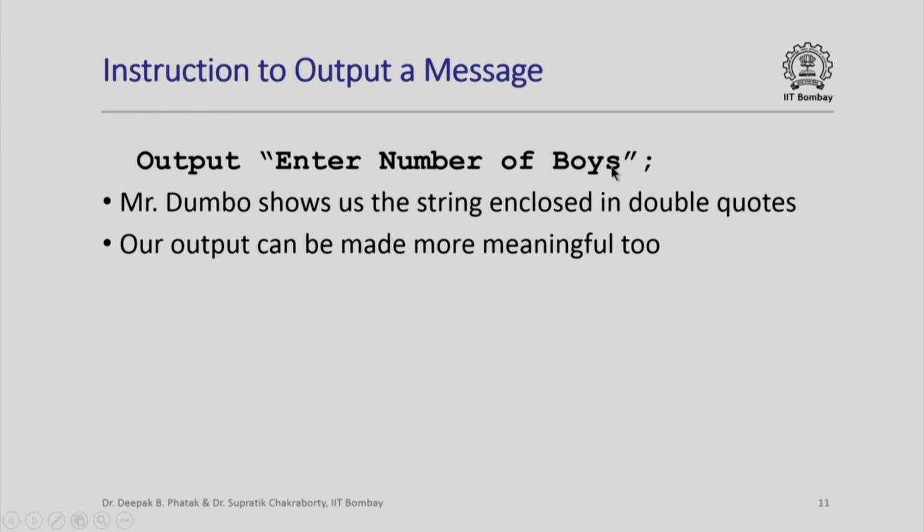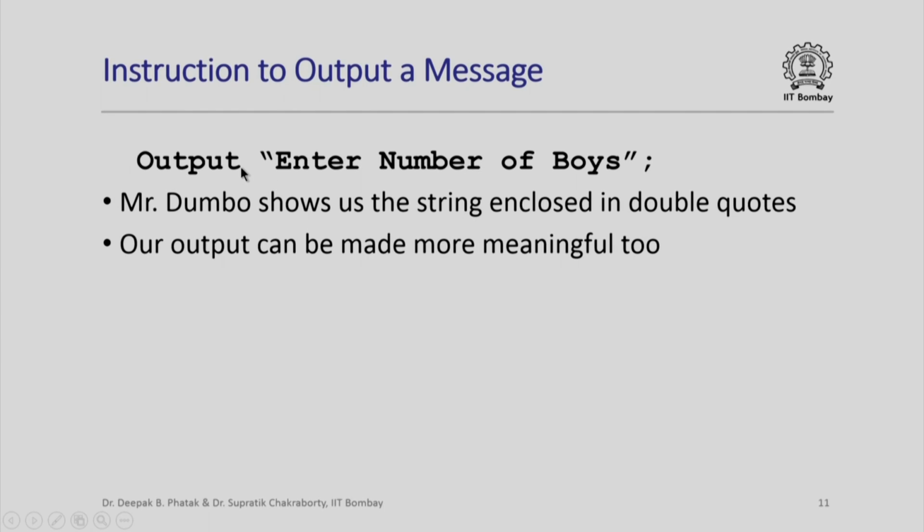What Mr. Dumbo does is he actually brings that string to us and shows that string on the monitor. Now, when the string enclosed in the double quotes, without the double quotes of course, is shown out to us, then we know, and suppose we write our input instruction after this, very obviously, Dumbo will first show this output to us. We know now some input is expected, and then we are ready to type a value in.